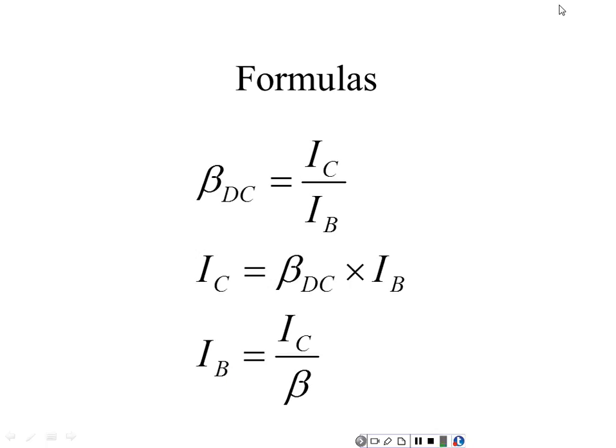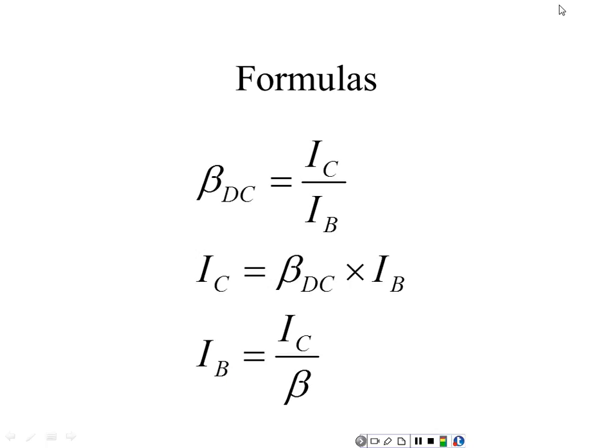Beta goes up. Yeah, so if you heat it up, then we get more current flow between the emitter and collector with the same base current, right?